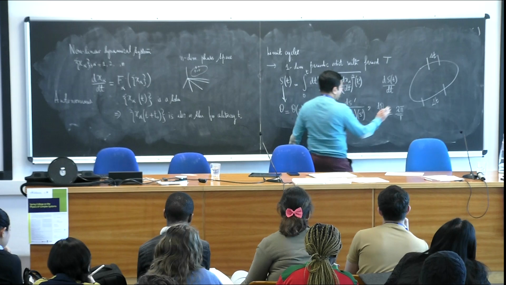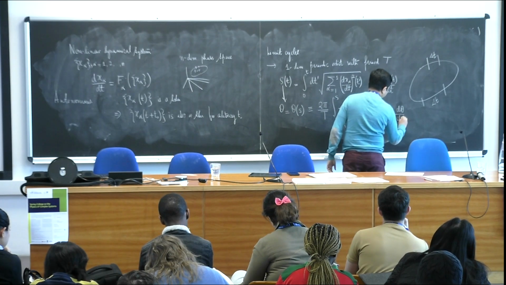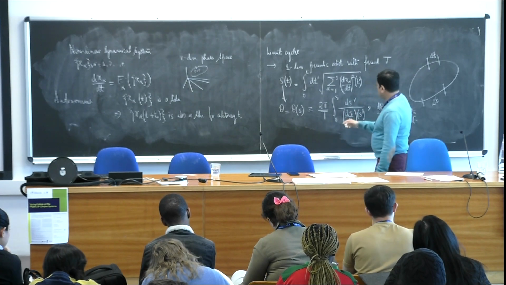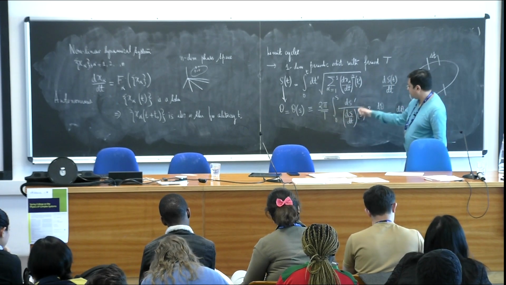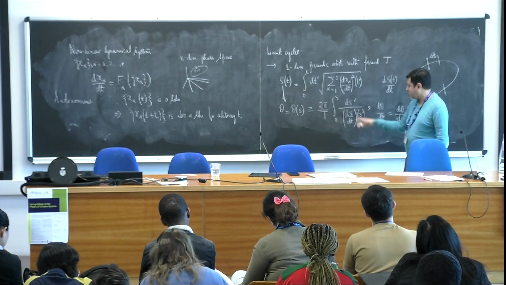Absolutely. So what you do is that you say this is nothing but d theta over ds and ds over dt. If you do d theta over ds, you evaluate the integrand at s.